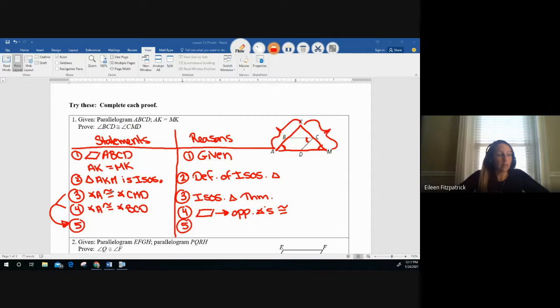If A is congruent to angle CMD and A is congruent to angle BCD, you can say that angle BCD is congruent to angle CMD, and you could say substitution or transitive, either one is acceptable for me. Okay, substitution, or I would take transitive. And that's it. You're done your first proof.